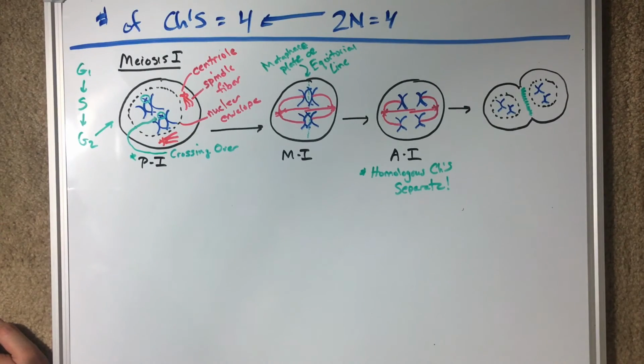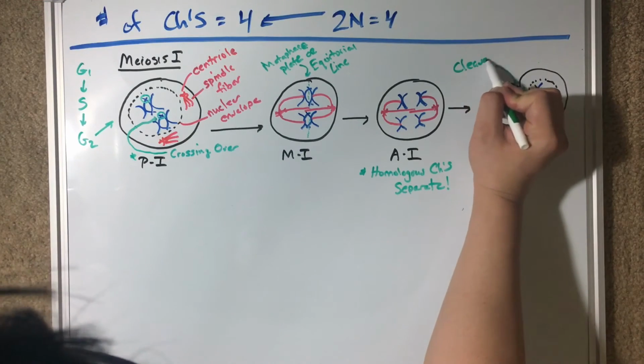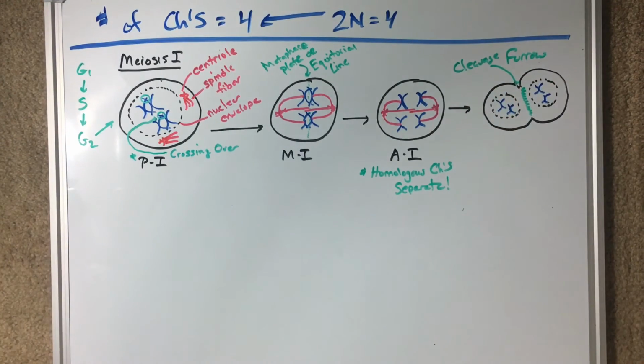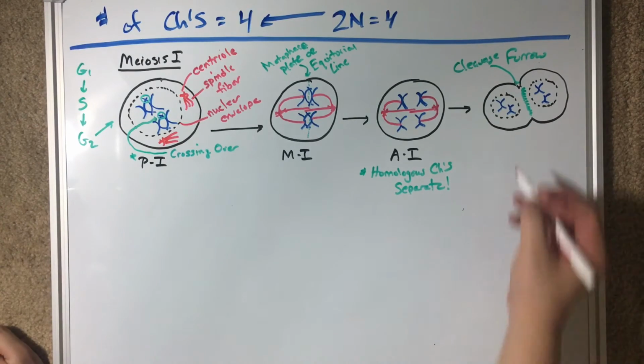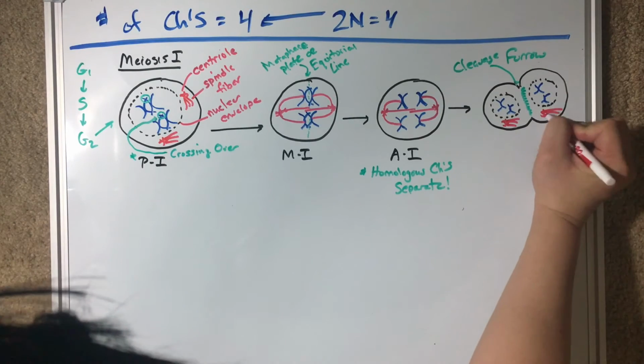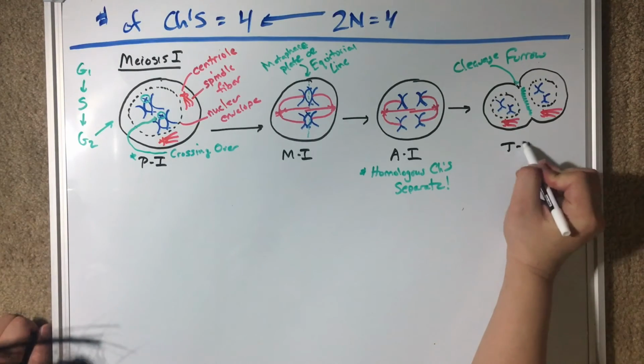We have something called the cleavage furrow. Our centrioles and spindle fibers are breaking down. They're no longer needed. This is telophase 1.